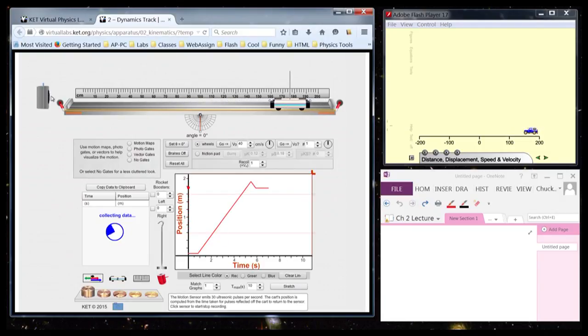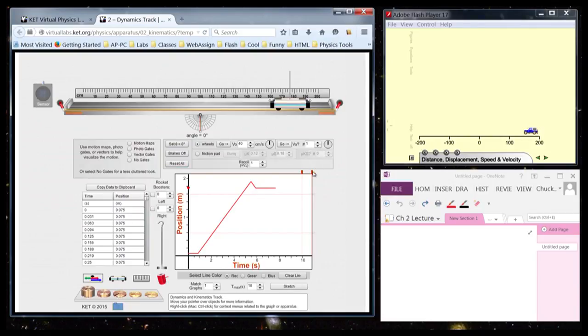But notice also, if I turn this off, if I drag these little guys out to cross right there, and this little guy to cross right there, notice that we have the time when it was at 60 centimeters and the time when it was at 160 centimeters. So we have the original and final time for a little trip here and the original and final position.